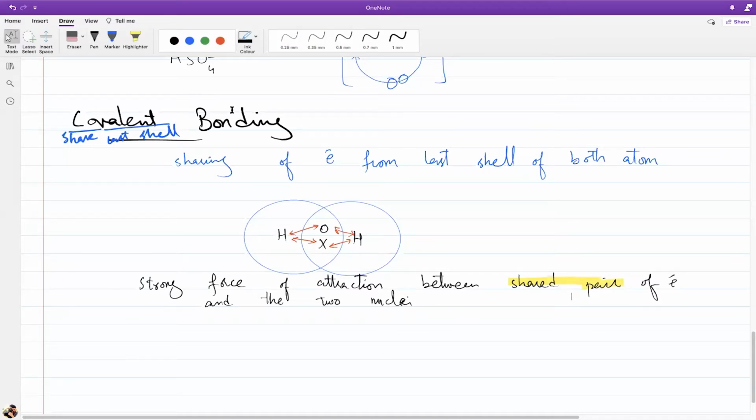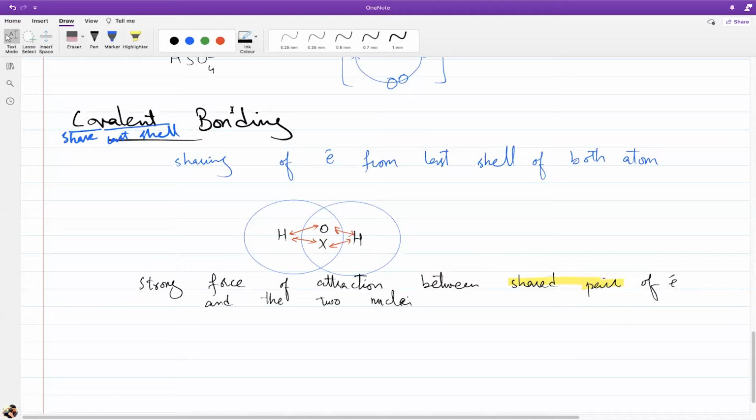Now, one more thing. Earlier on, when this atom was on its own, the electron could move around anywhere it wanted. But now both of these electrons are restricted to the space between the two nuclei. अब वो उठ के कहीं और नहीं जा सकता. It is restricted because it's being attracted by both sides.